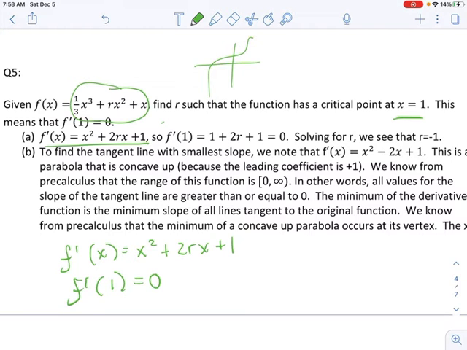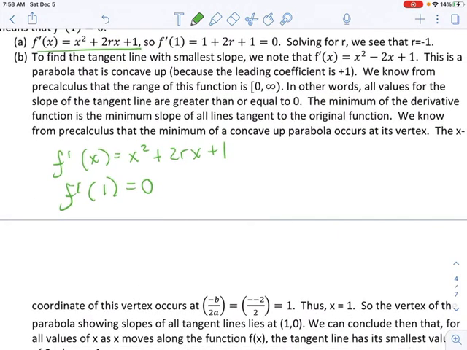So when we put 1 in for this, we're going to get 1 plus 2r plus 1, and that's equal to 0. So now we're going to have 2r is equal to -2, and r is equal to -1.